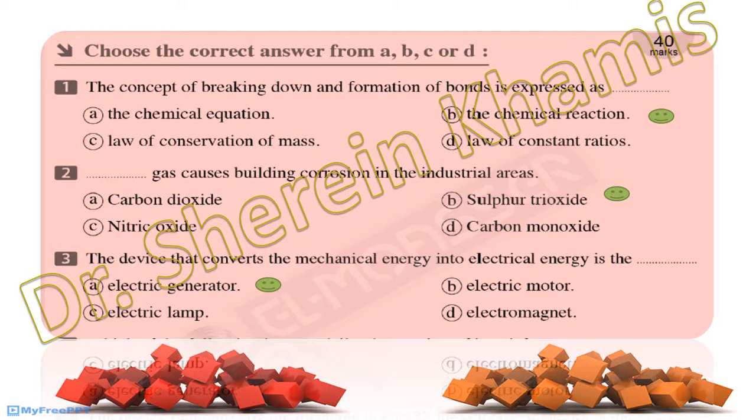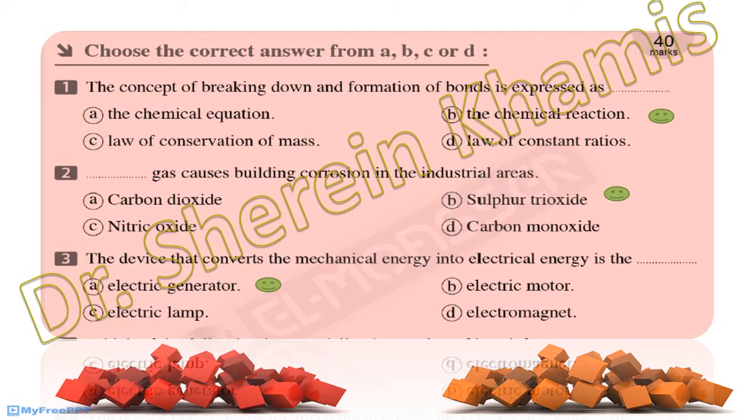The electric generator changes mechanical or kinetic energy into electric energy and produces electricity. But the electric motor depends on the presence of electricity. It is the reverse: it takes electric energy and converts it into mechanical energy. The electric lamp converts electric energy into light. The electromagnet changes electric energy into magnetic energy.